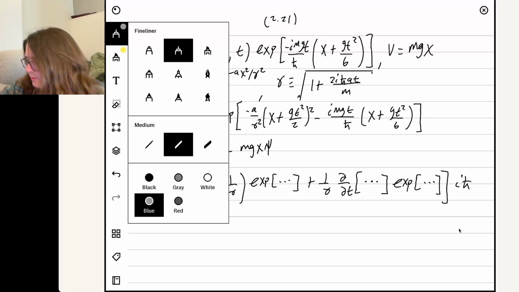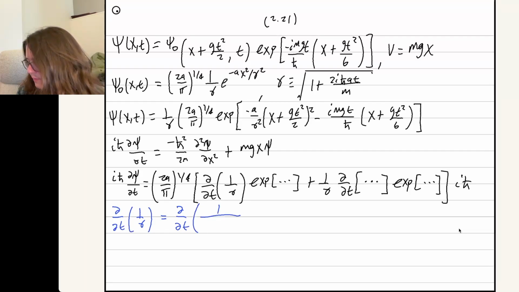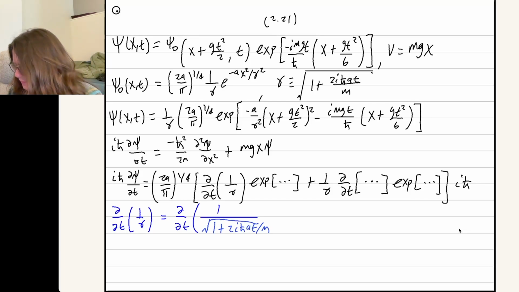So taking this one step at a time, let's do the time derivative of 1 over gamma, which I'll remind you is just 1 over the square root of 1 plus 2 i h bar a t over m. So we got a quotient rule derivative.